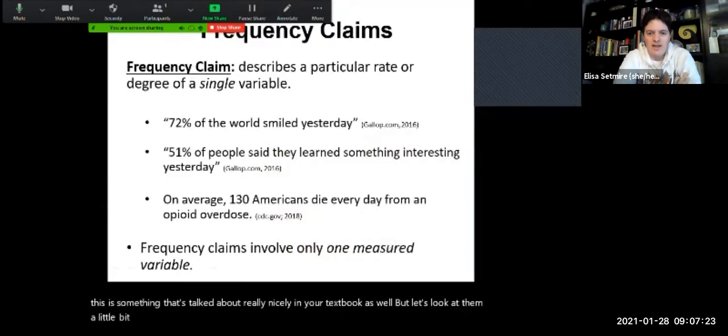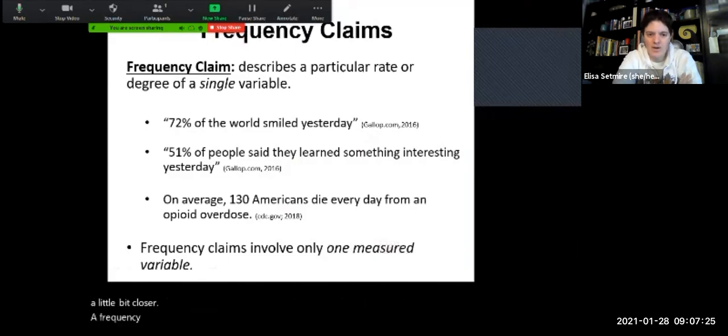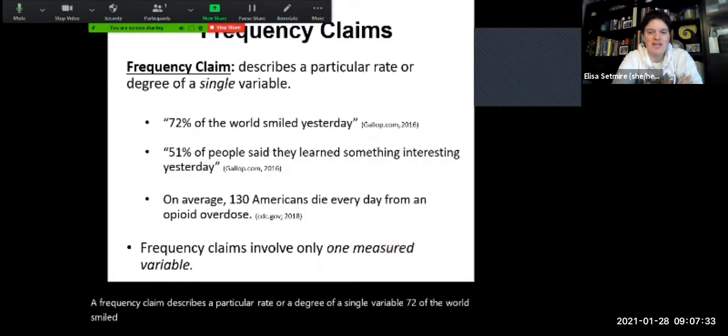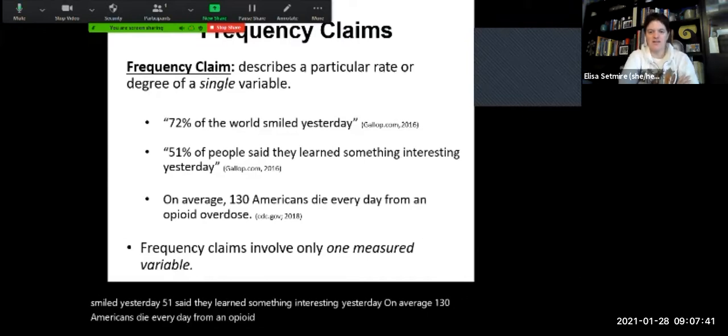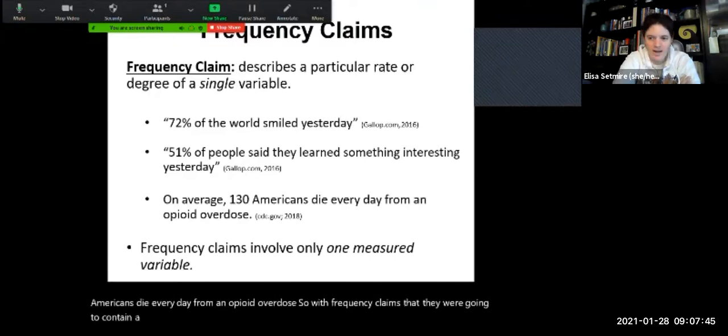A frequency claim describes a particular rate or degree of a single variable. 72% of the world smiled yesterday. 51% said they learned something interesting yesterday. On average, 130 Americans die every day from an opioid overdose. So frequency claims are going to contain a number: 72%, 1 in 10, 130 Americans, right?